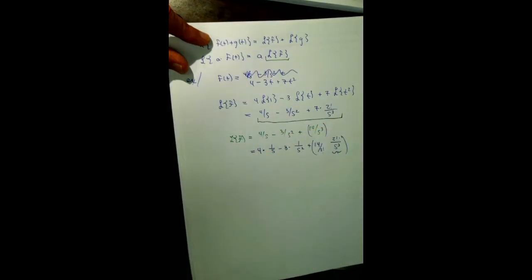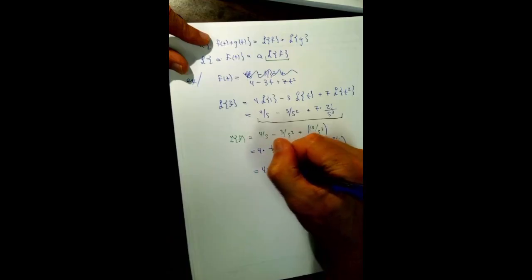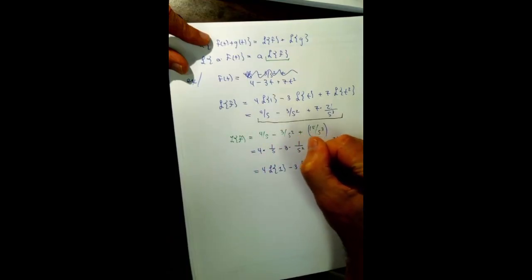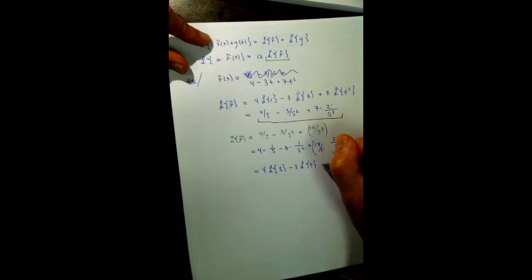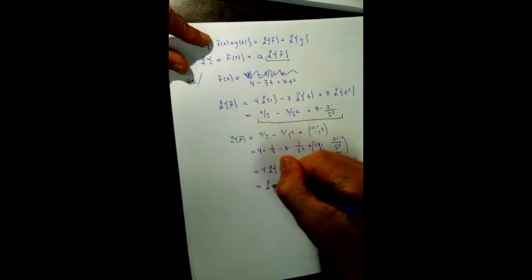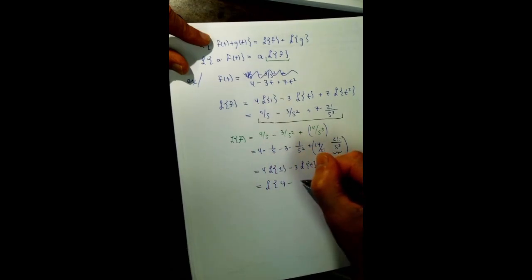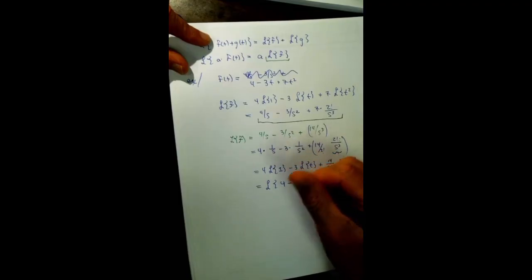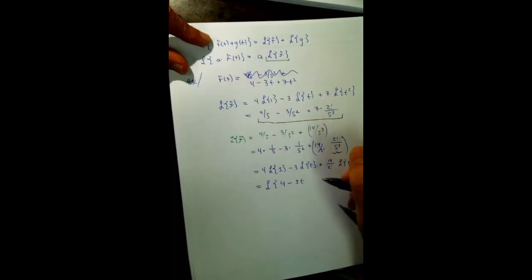And now this is 4 times the Laplace transform of 1 minus 3 times the Laplace transform of t plus 14 over 2 factorial times the Laplace transform of t squared. And I can think of this as the Laplace transform of 4 minus 3t plus 14 over 2 factorial t squared.